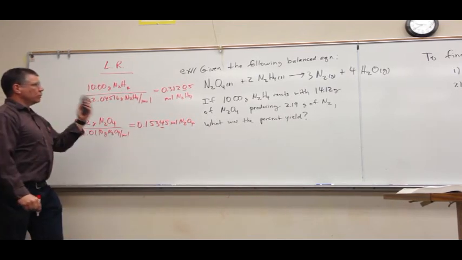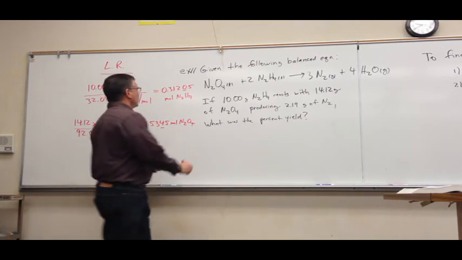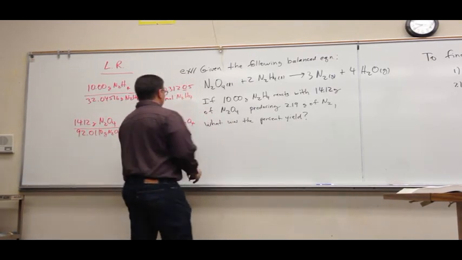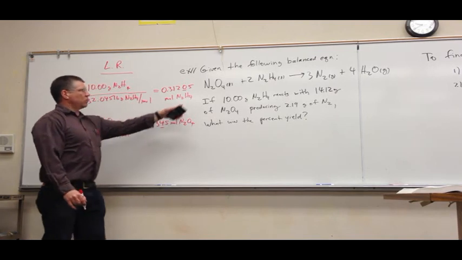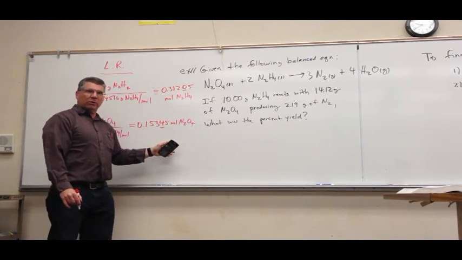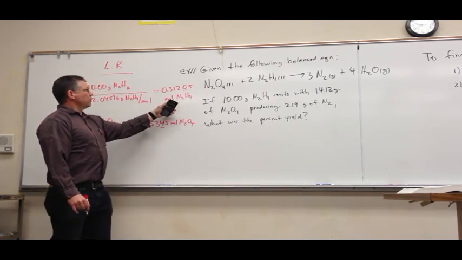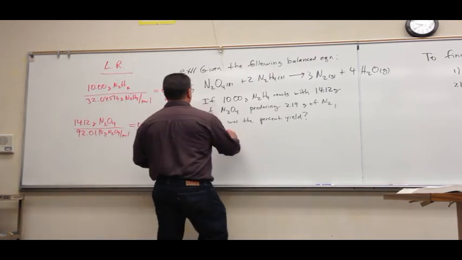Moles of each, then we're going to divide by their coefficients of the balanced equation. That nitrogen tetroxide, its coefficient is 1, so you can just leave this number as it is. Its coefficient is 2.